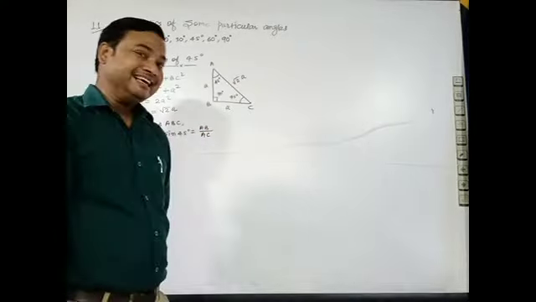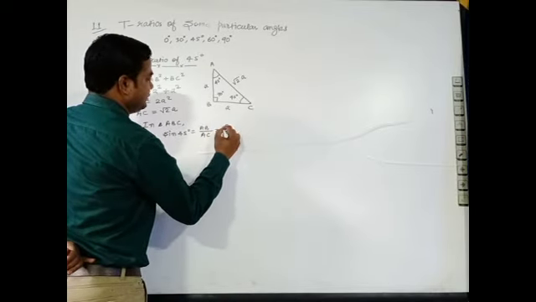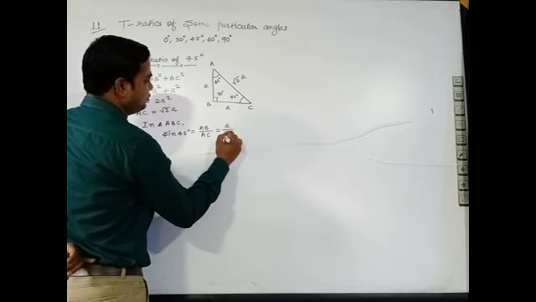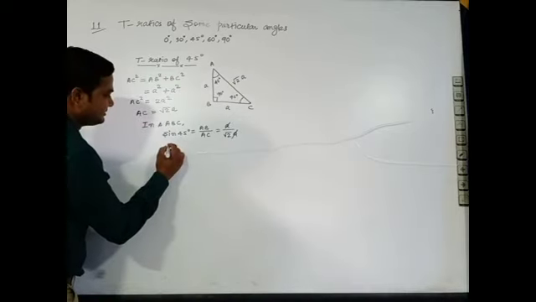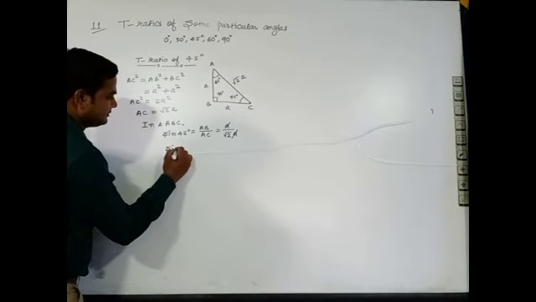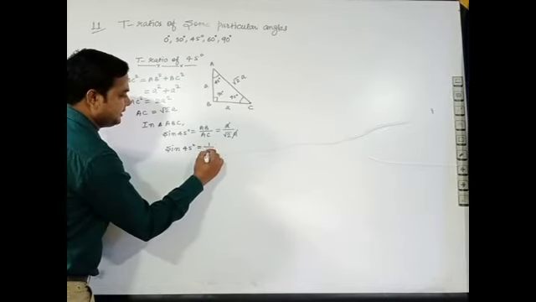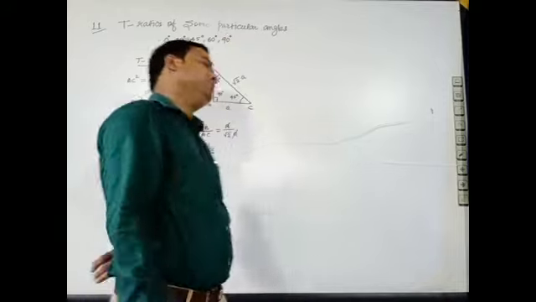AB value small a and AC is root 2A. Then A cancel. It means sine 45 is equal to 1 by root 2.